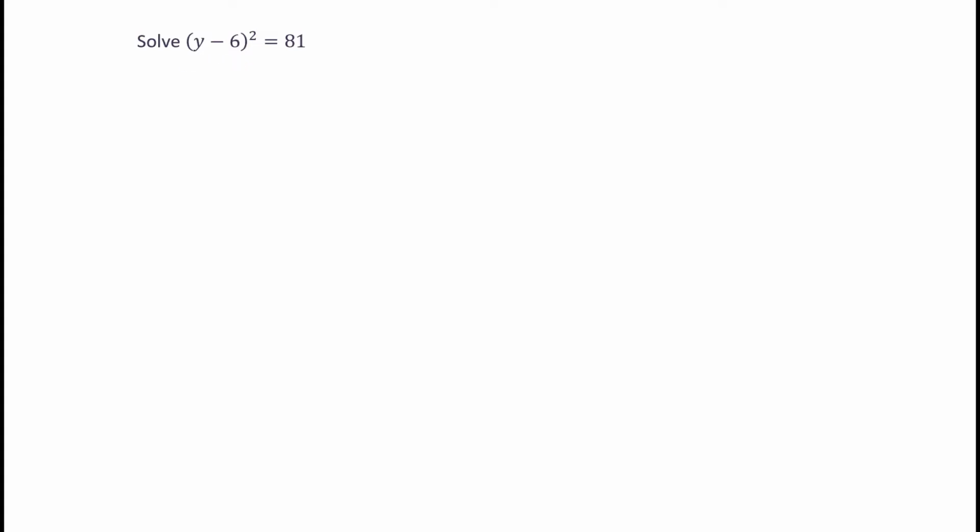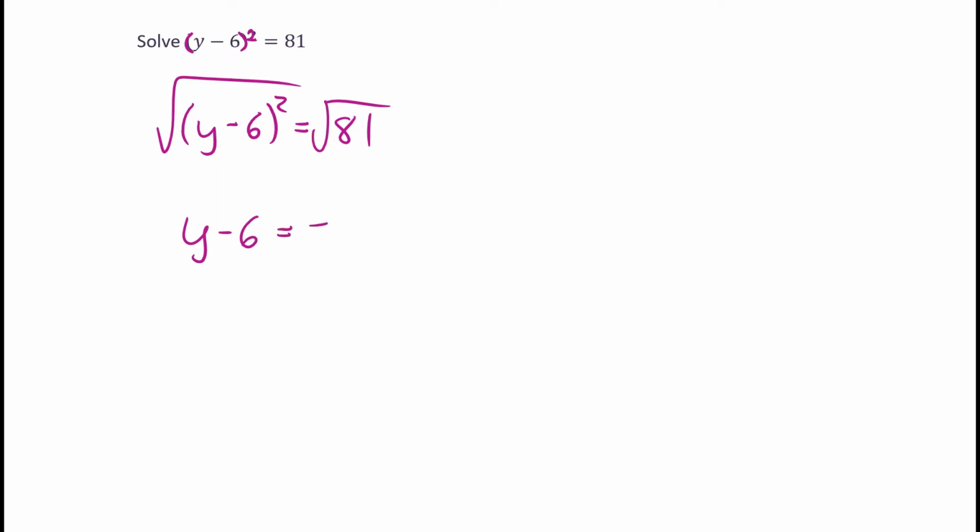It looks a little funky because it's not just a single number or a single variable, but it is something being squared, and it's all alone on one side. Since that's the case, I can just take the square root of both sides, and because it's just one term being squared on this left side, it drops out to be y minus 6, but on the other side, it's plus or minus square root of 81.